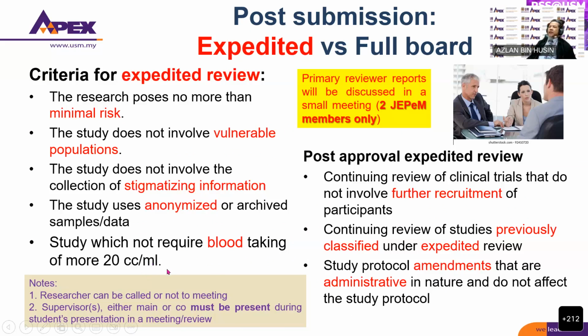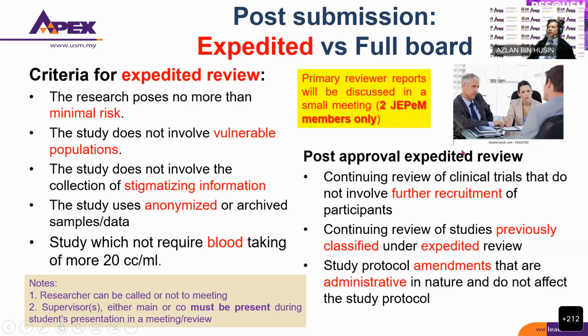Okay, so once it is submitted, it will be reviewed by 2 reviewers, and the reviewers will send their comments. Once the comments are ready, normally within 2 weeks, that is the deadline, 2 members will sit down in a session to review the few proposals that are categorized as expedited review.